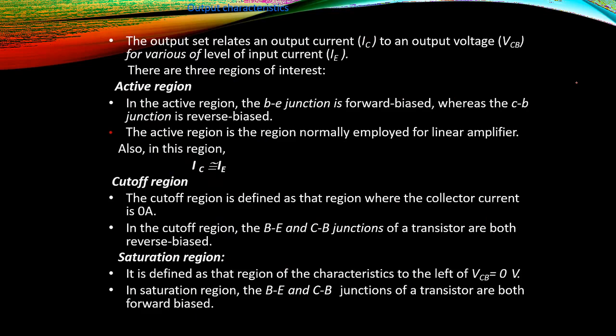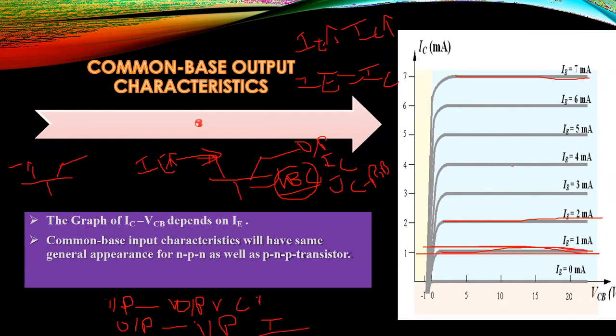Next we have to look at the regions of operation. We have discussed only the active region of a transistor. We did not concentrate on this part and this part. This part, mainly where the current of IE is less, comes under the cutoff condition.